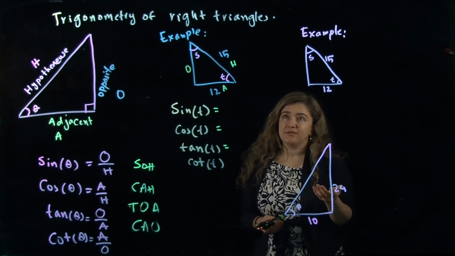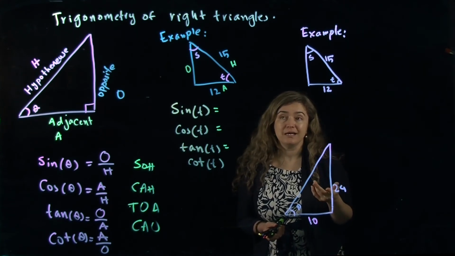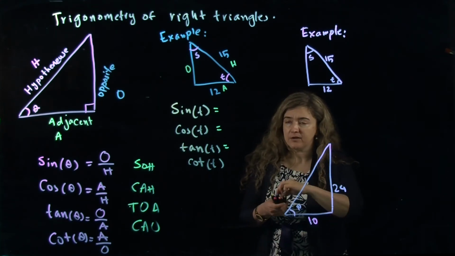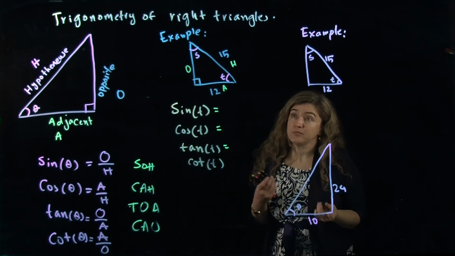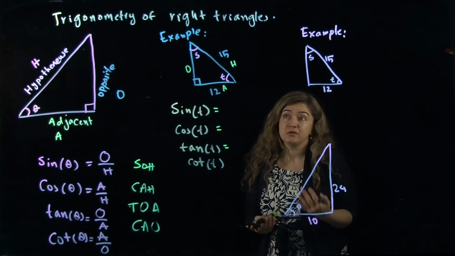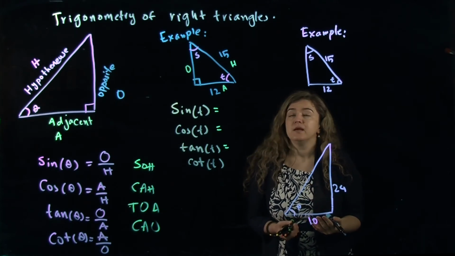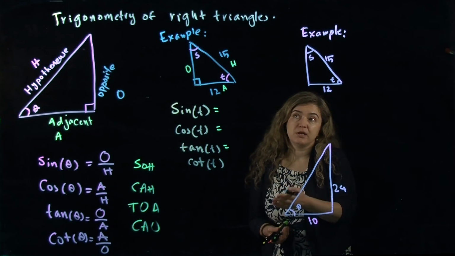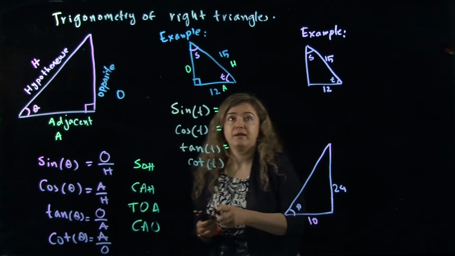I do have two of the three sides, and the side that I don't know, I can use the Pythagorean theorem to solve for. So the first thing for this question is to use the Pythagorean theorem.